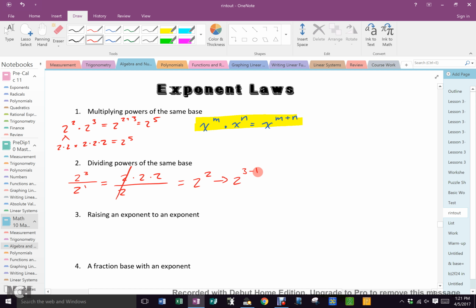Cool? What is it in grade 10? X to the m divided by x to the n can be written 2 ways. xm over xn always gets me m minus n. I subtract the exponents.